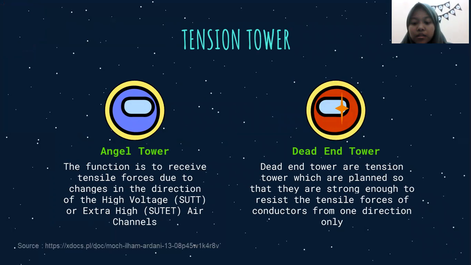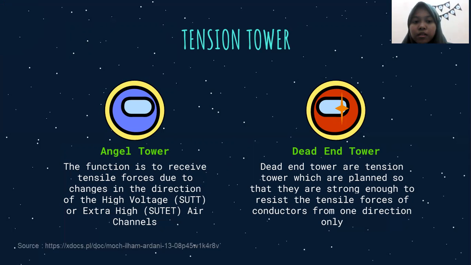Tension tower, besides holding the gravity, the function is to receive tensile force due to change in the direction of the high voltage or SUTT or extra high or SUTET air channels. And their tension pole consists of angle tower and dead end tower.